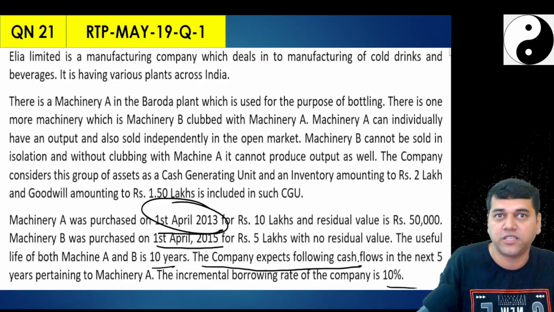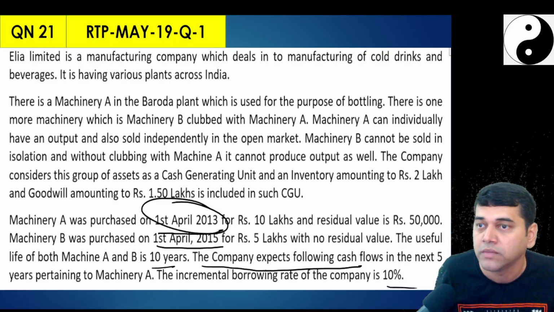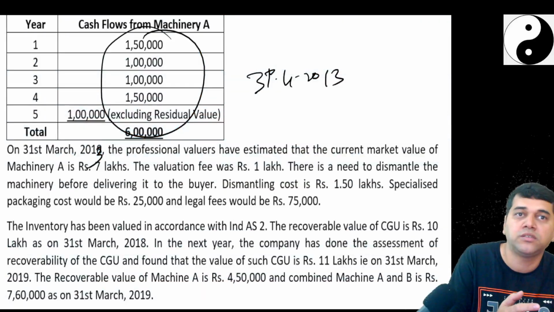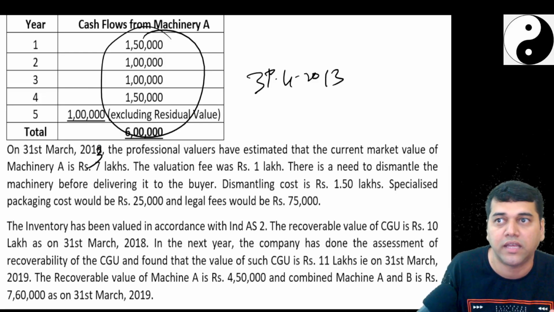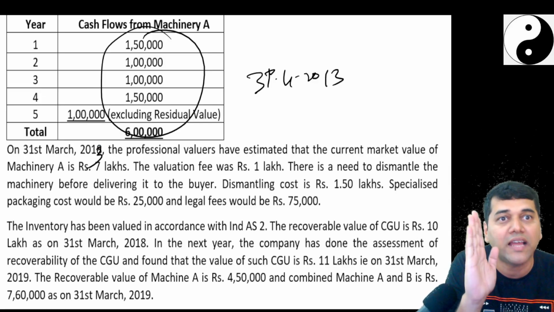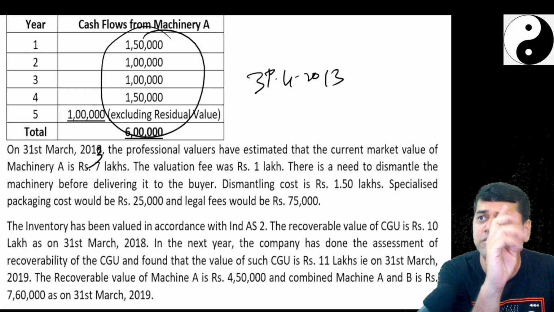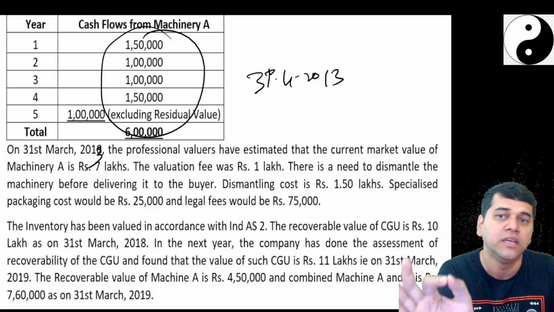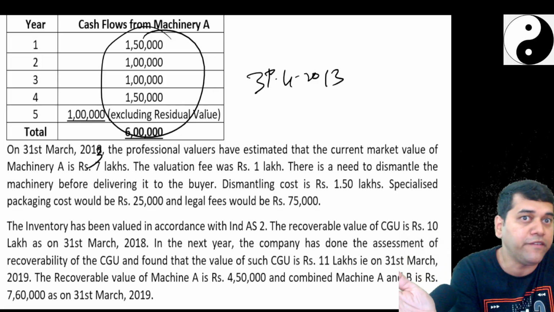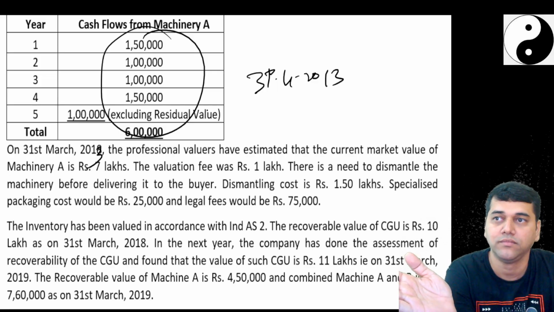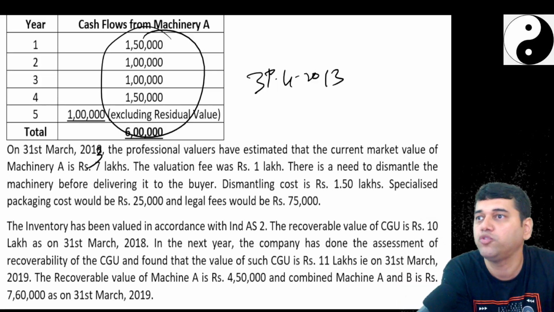If you got confused, what should you do? Look at other information. Try to make an assumption there. But this must be pertaining, because they didn't tell very specifically whether this cash flow is for the first 5 years or the next 5 years. If you take the first 5 years, you get stuck.